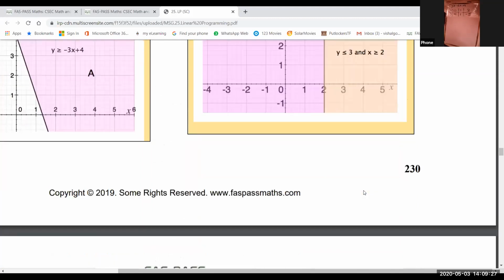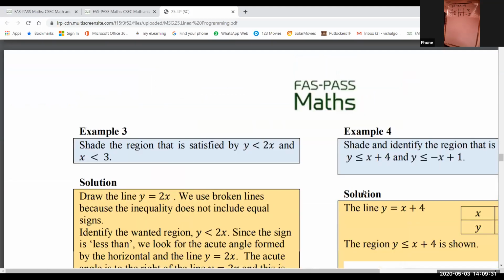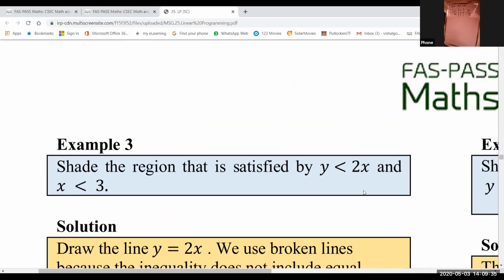So let us look at how we would draw a graph like, let's say, this one. Anybody can tell me? Anybody? Somebody? Wait, so what was the question?